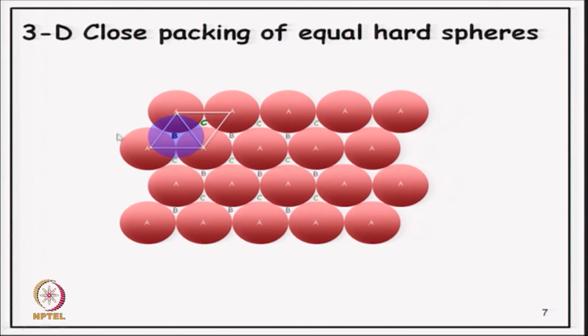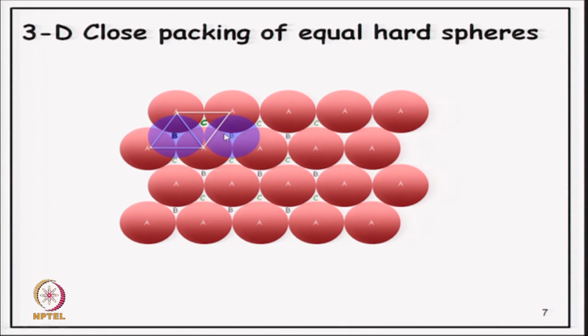And as I have said, I am choosing B as my preferred site, and the next layer of spheres I will place at B. So, I place another sphere next to this. So, there are now two spheres and they are contacting, as you can see.